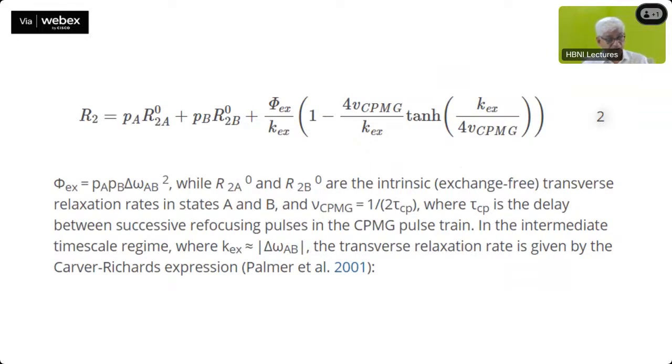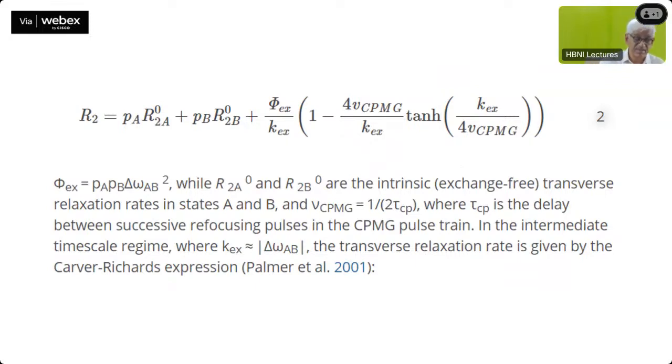Okay, now how do we estimate the exchange rates from here? This is an equation here, so let's go through it a little bit. R2 is given by the factors I already mentioned.